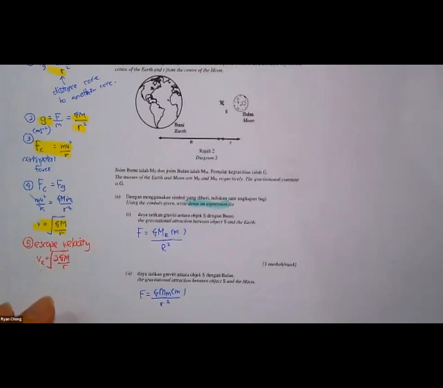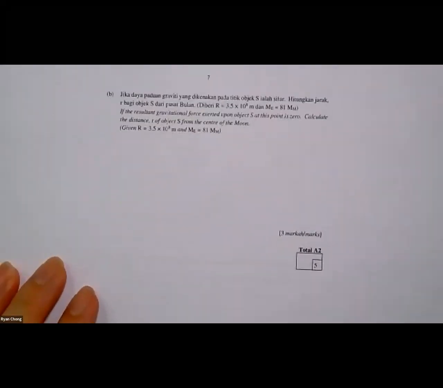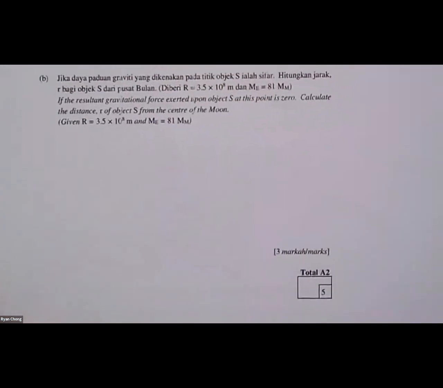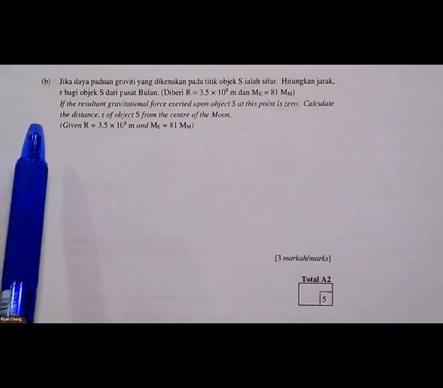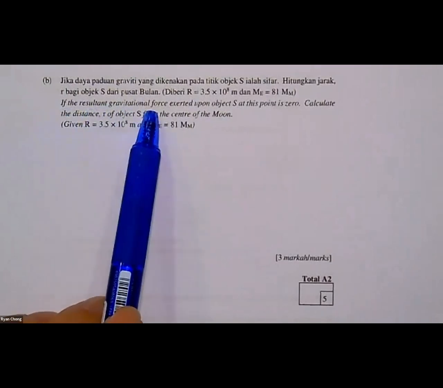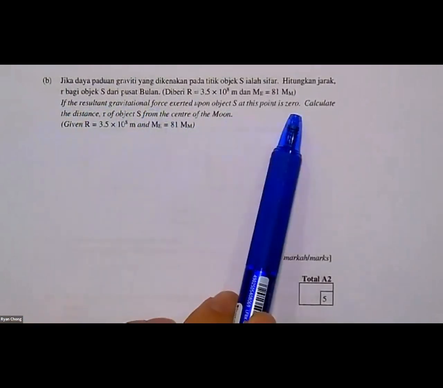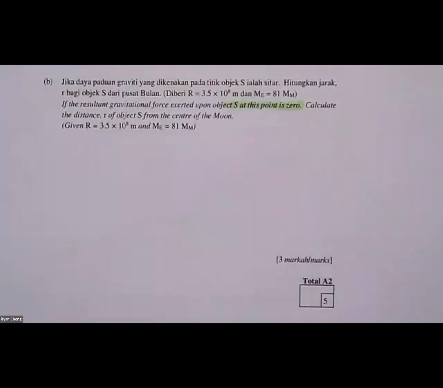Now come to the question's second part. Okay, so gravitational questions are always very good at testing you in terms of the arrangement of your algebra, the alphabet, then only you can do the calculations easily. So now they say, if the resultant force acting on S is 0, if you say the force on point S is 0, means what?